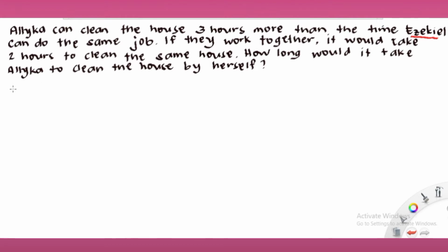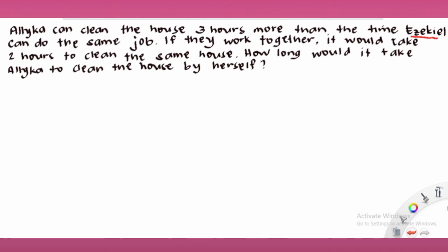So, para malaman natin or represent natin yung trabaho na nagawa ni Alaika, kailangan muna nating i-represent yung trabaho na kayang gawin ni Ezekiel dahil nakadepend doon yung number ng hours na kayang trabaho ni Alaika.